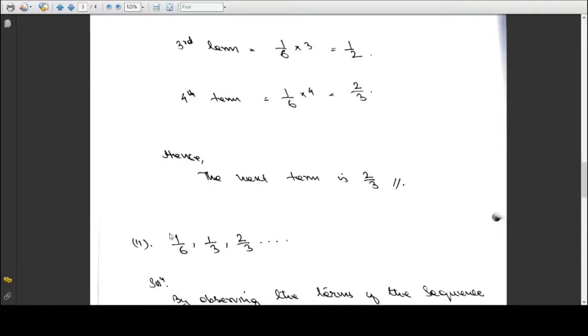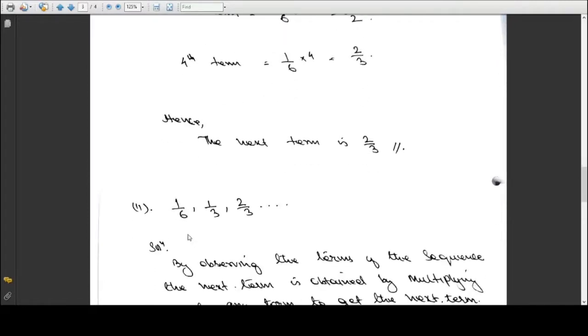Now the next one, with the number 2: 1 by 6, 1 by 3, 2 by 3. Here also you have to observe the given terms of the sequence. Observe this 1 by 6, 1 by 3, 2 by 3. How does the next term arrive from the first? What is the relation between the first and the second, or the second and the third?